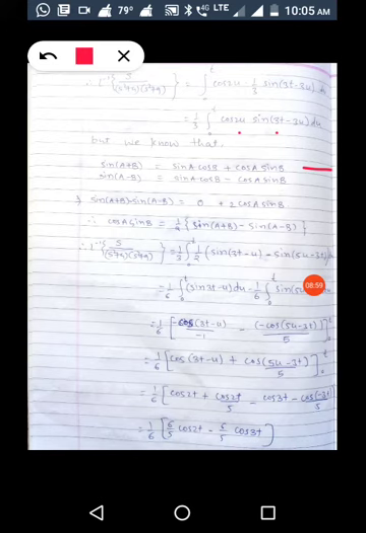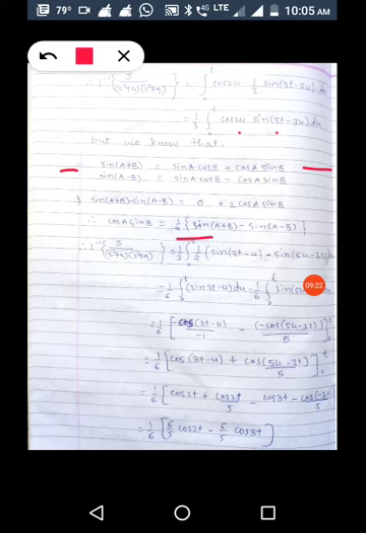So I would like to perform subtraction between these two. So sin (a plus b) minus sin (a minus b) is equal to sin a cos b minus sin a cos b, which is 0, plus cos a sin b plus cos a sin b, 2 times cos a sin b. So cos a sin b is equal to 1 by 2 [sin (a plus b) minus sin (a minus b)].